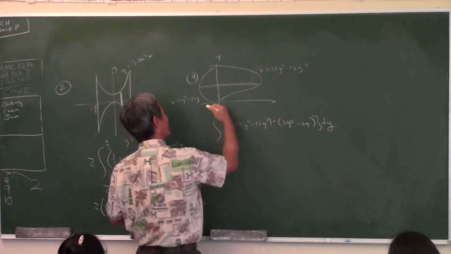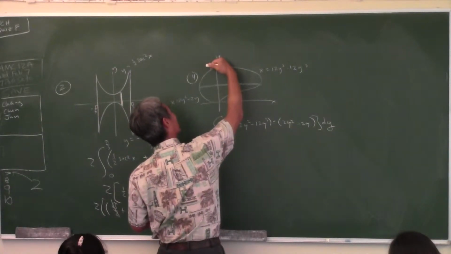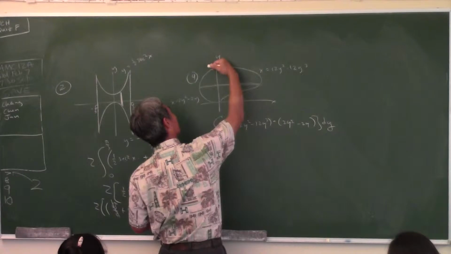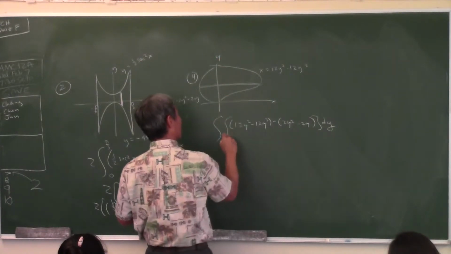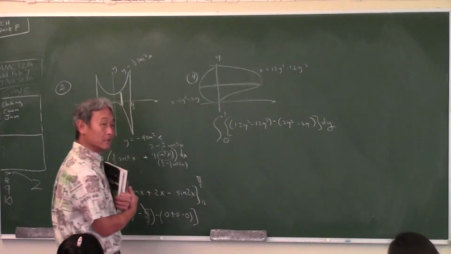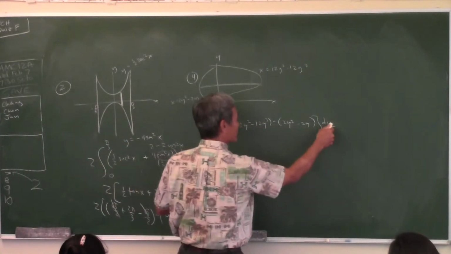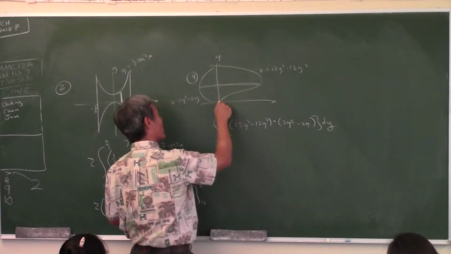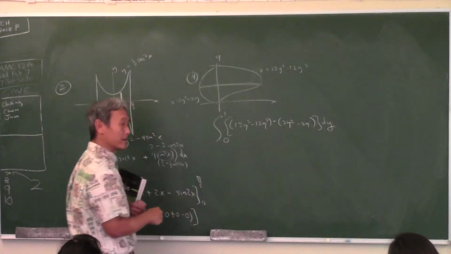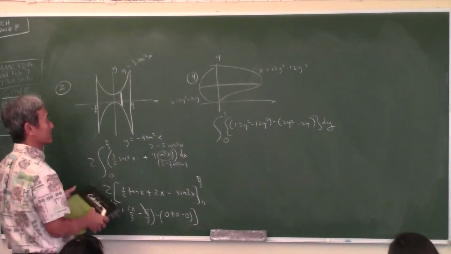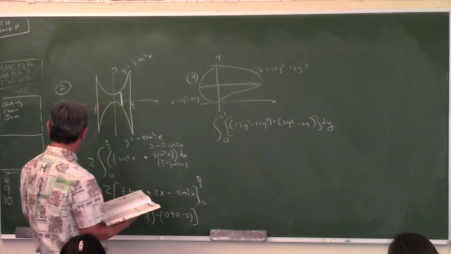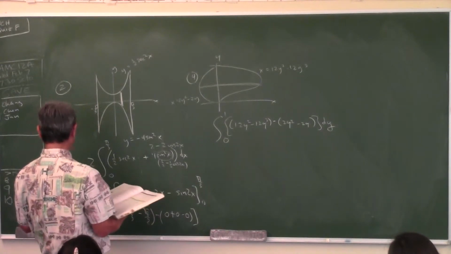Add them up from 0 to 1. Because remember, when you're integrating in terms of y, you gotta go from the y coordinate here to the y coordinate there. You gotta look at the y coordinate. Kind of a brain fart. Okay, number 7.